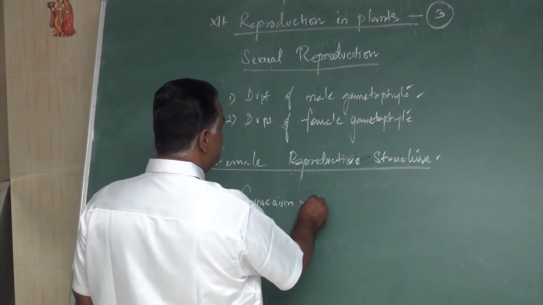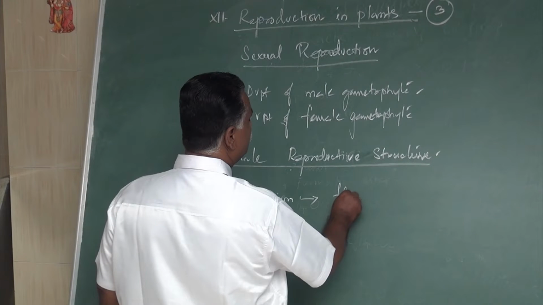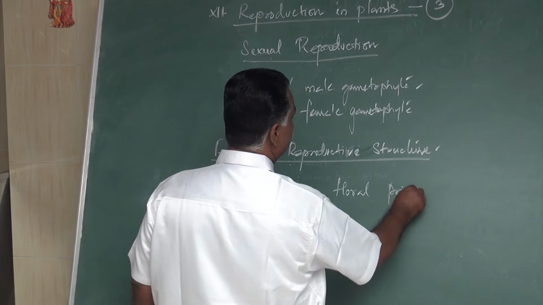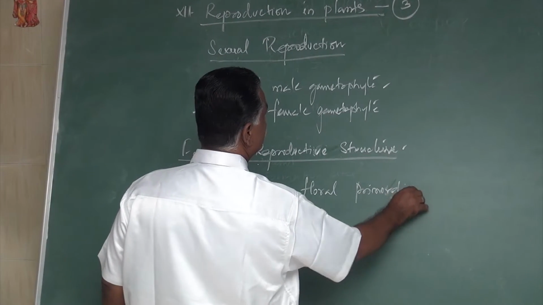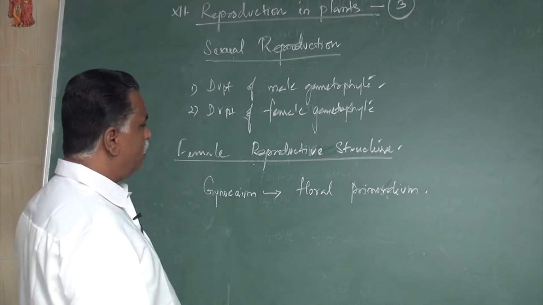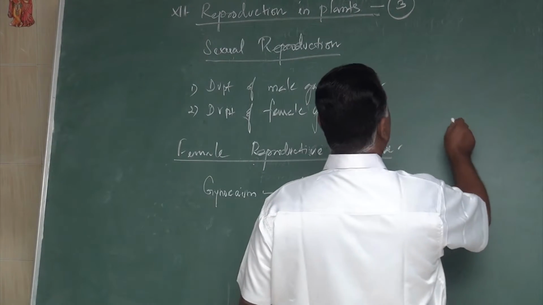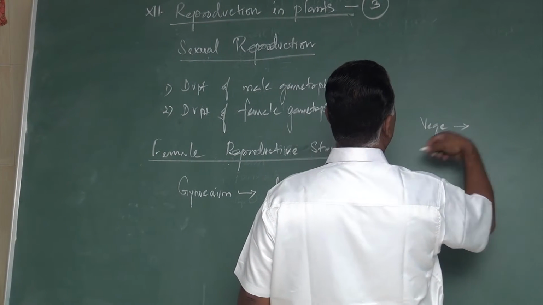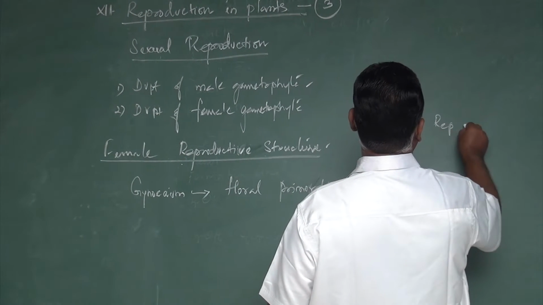See, gynoecium is produced from the floral primordium. What is floral primordium? See, a plant which grows vegetatively enters into the reproductive phase.